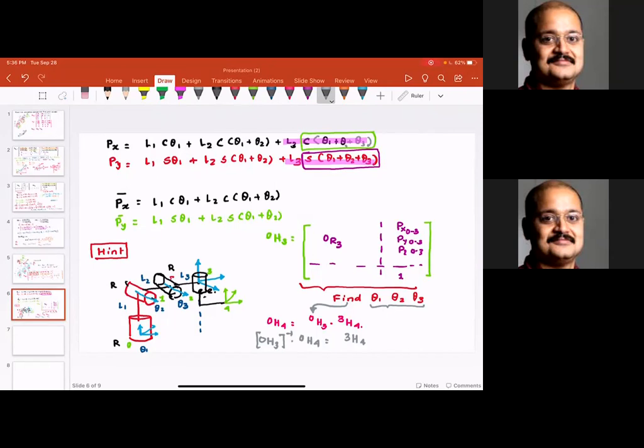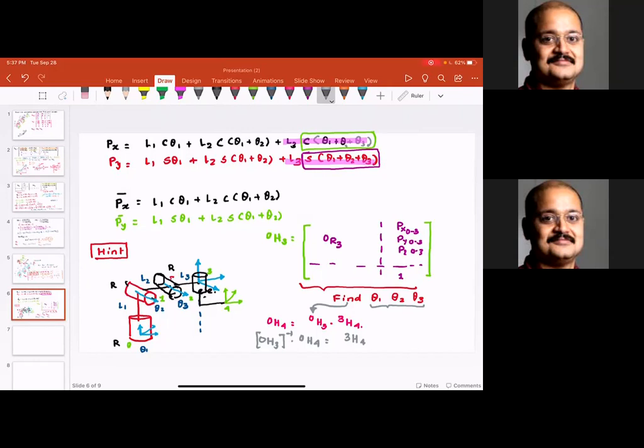So what that means is I would first find the forward kinematics 0h4. Can everyone find 0h4? Okay. Now in that 0h4 is given, and I'm going to give you some position values and some orientation of the end effector.